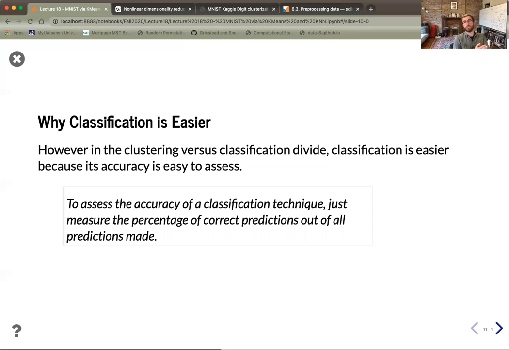That means when we're evaluating how good our models are, in our train model predict paradigm, we can always assess accuracy much more easily just by counting the percentage of correct predictions. We make a prediction, and then it's revealed to us what the true class label is, and we either get a point or lose a point.